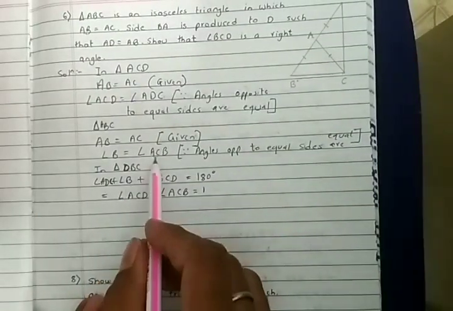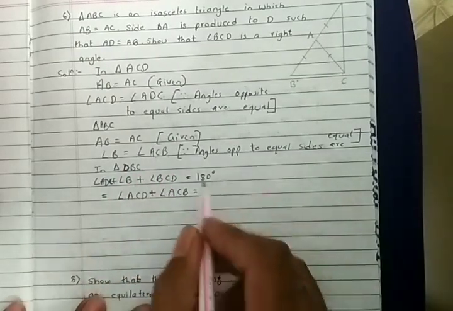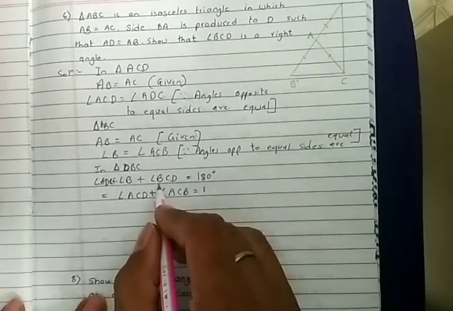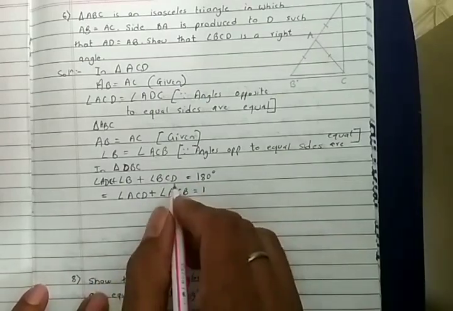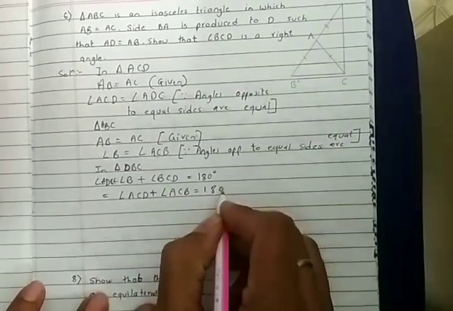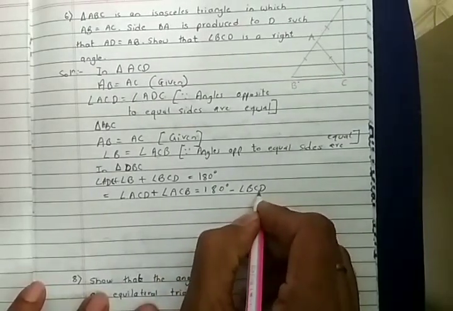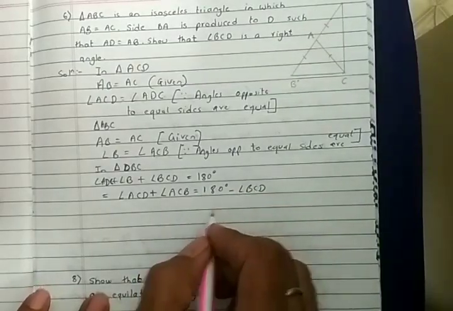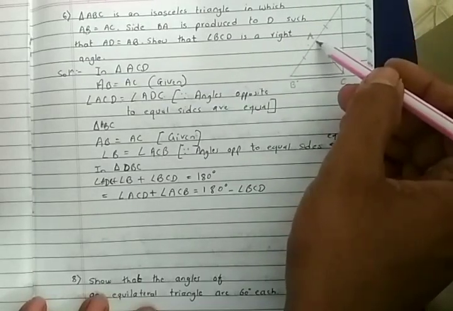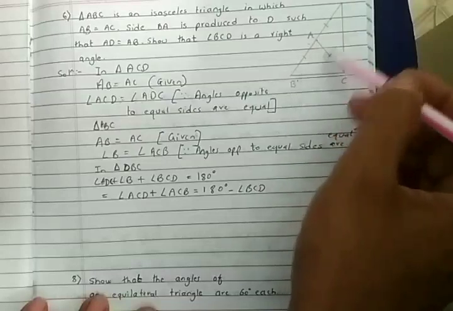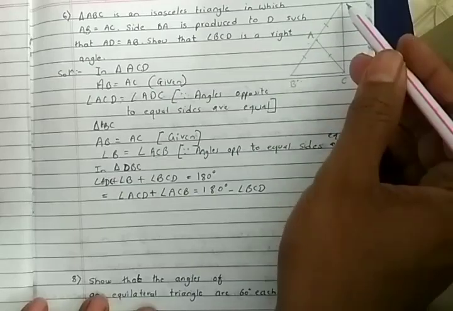Angle B can be replaced by angle ACB since they both are equal, right? And we will find the angle BCD. How will we find? It will be equal to 180 degrees minus angle ACD plus angle ACB. If you add these two angles, it will be angle DCB, or you can call BCD, right?